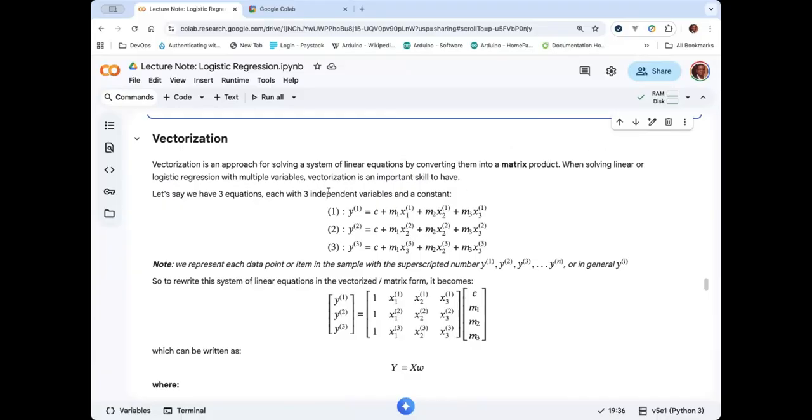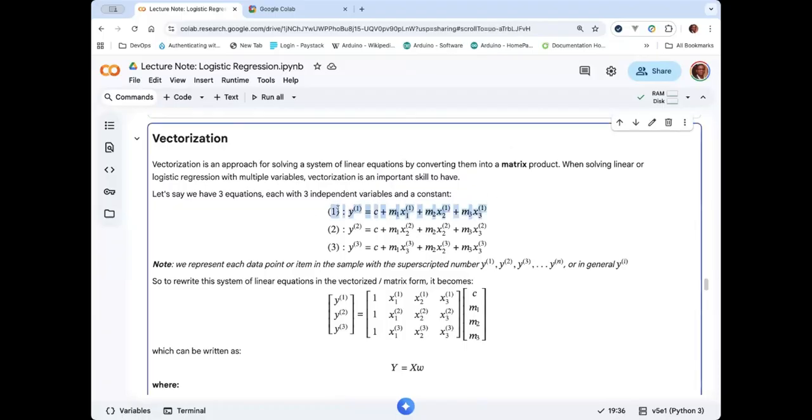Let's assume that we have three equations, in other words, three data points. Each equation represents a single data point, which we are trying to predict. You can now see that we are still using the number superscript in brackets. So we have three of them: data point 1, data point 2, data point 3.